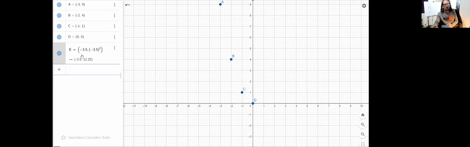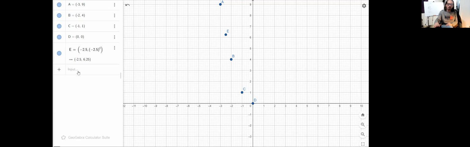Oh, I should have picked something in between -2 and -3. So let me change that. -2.5 and -2.5 squared. There we go. So we're not connecting this with some line segment. We're going to connect with a curve.